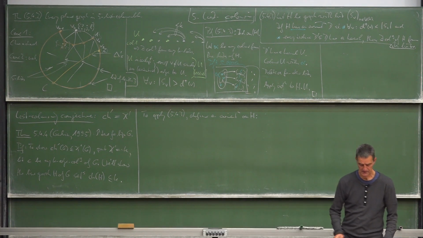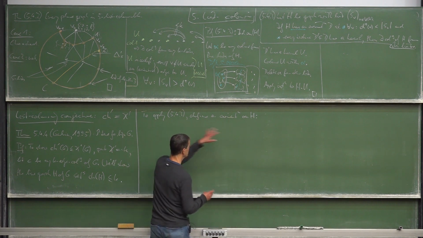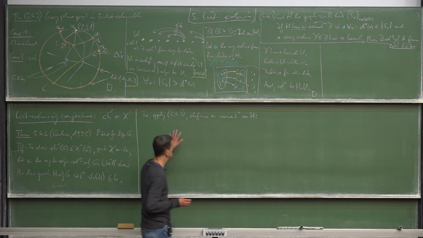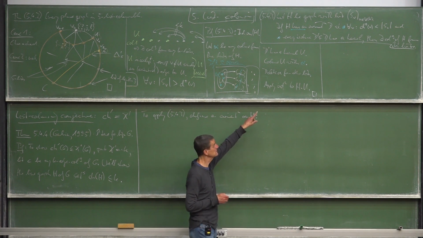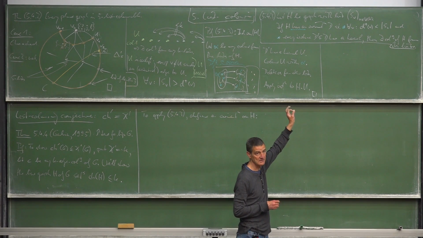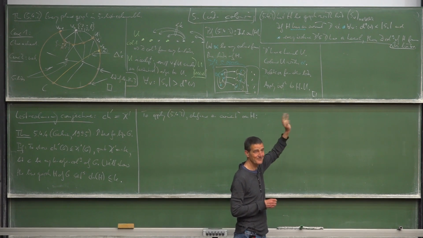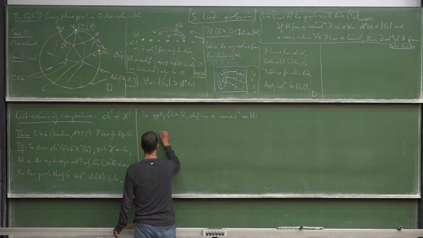Now the edges of G are the vertices of H, and the edges of H we need to orient. Right? Got that? So H has edges. The vertices of H are the edges of G. So we need to orient the edges of H.